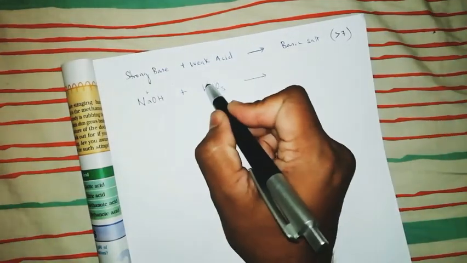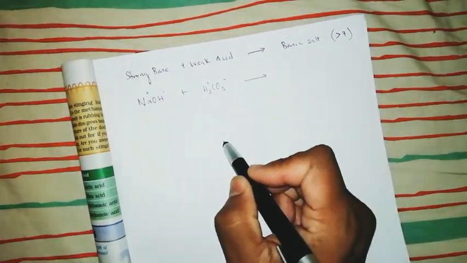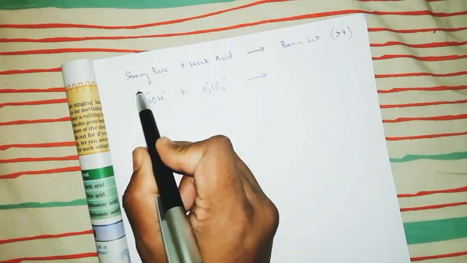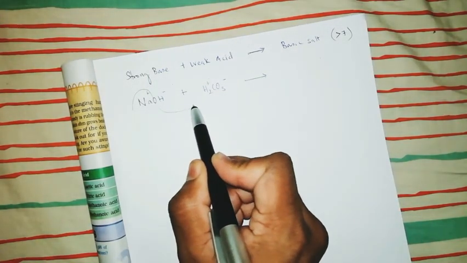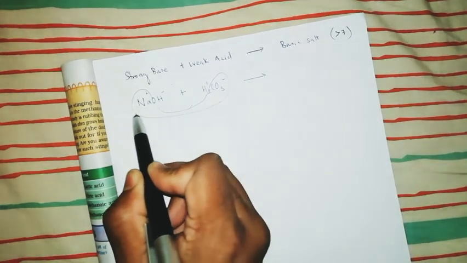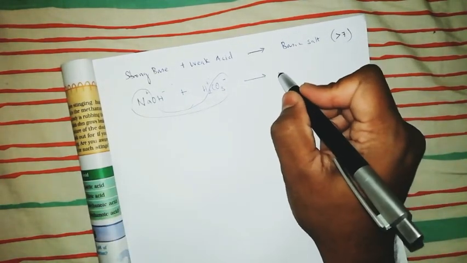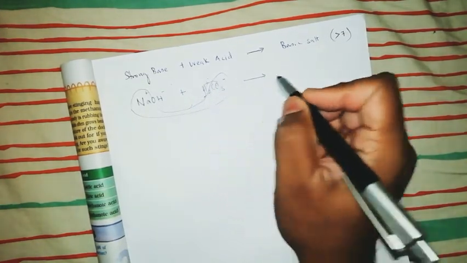Na+, and this is H+, and this is the anion. Okay, so what happened? The base reacts with it, and another hydrogen also comes along with it.